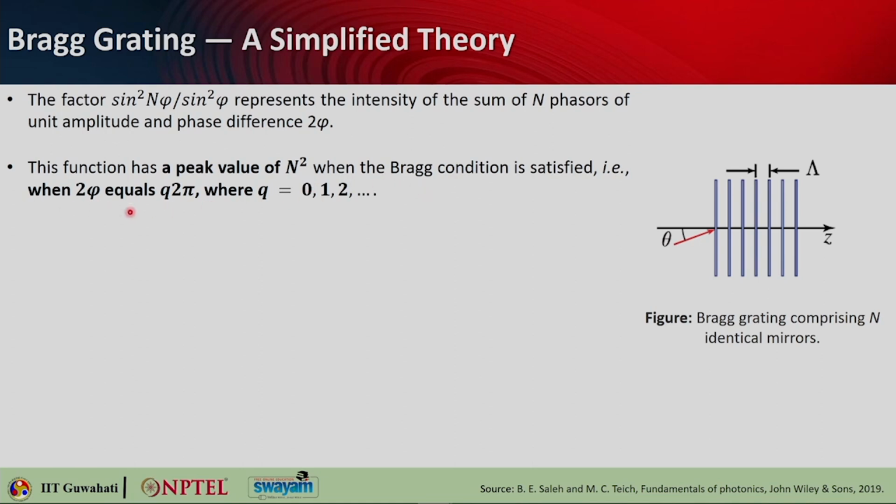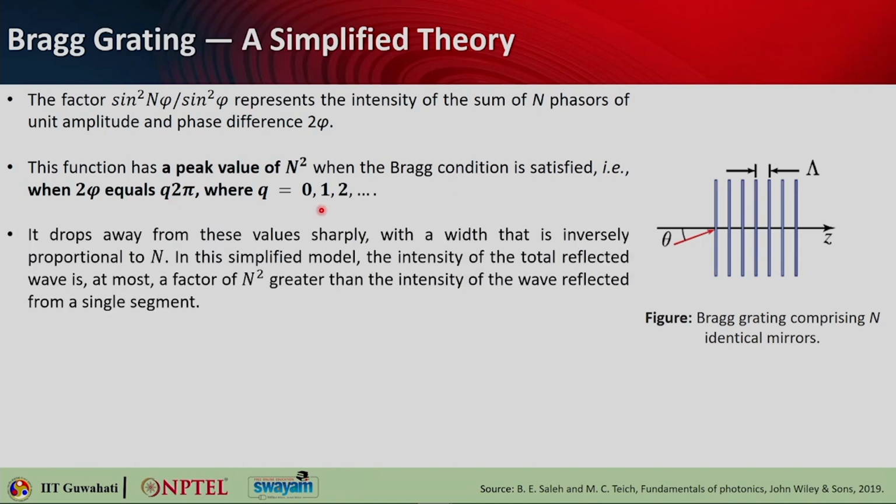That means you have to look for the condition where 2 phi is equal to q times 2 pi, where q is an integer 0, 1, 2, 3 and so on. The reflectance also drops away from these values sharply. So, there will be a very sharp cutoff with a width that is inversely proportional to n.